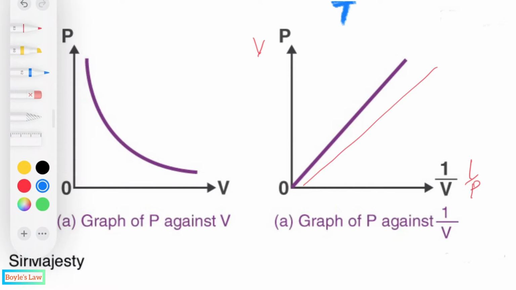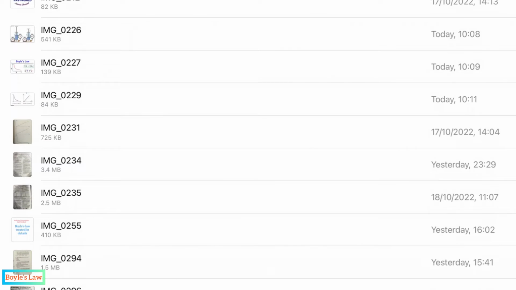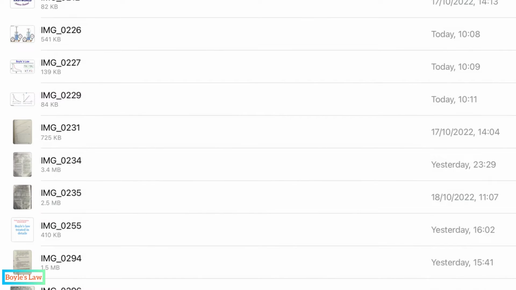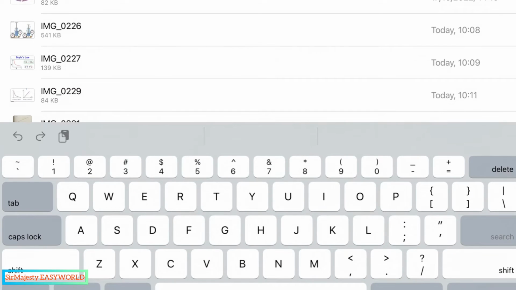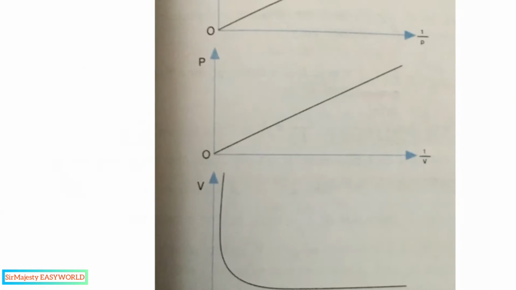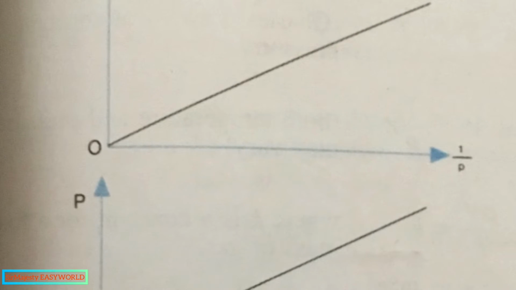Now we see the collection of the graphical representations. Over here we have this graph.